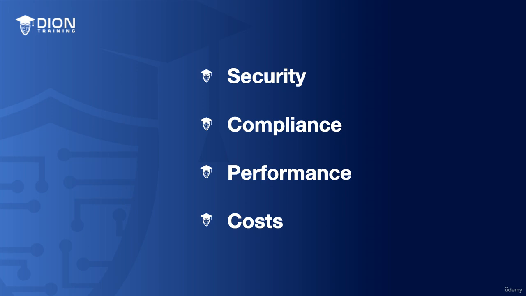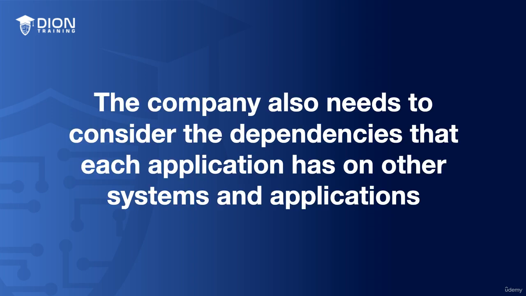This would include analyzing the compatibility of the applications and dependencies within the cloud platform, as well as determining any necessary changes or modifications that would need to be made to ensure that they're going to run smoothly in that new cloud environment. The company also needs to consider the dependencies that each application has on other systems and applications, as well as how those dependencies would be affected if we move into a cloud environment.